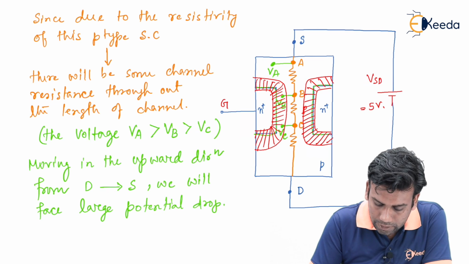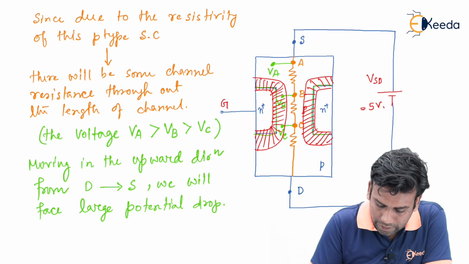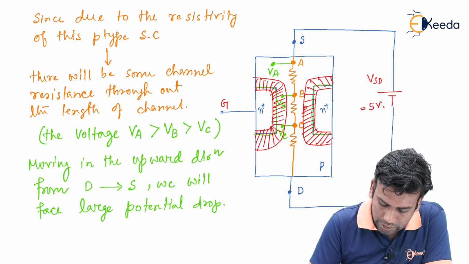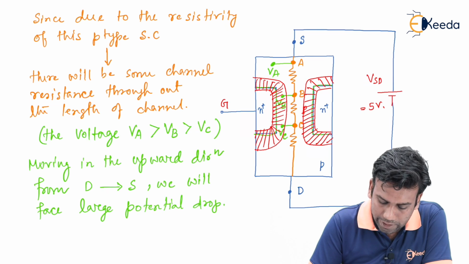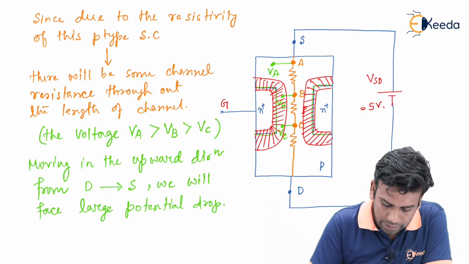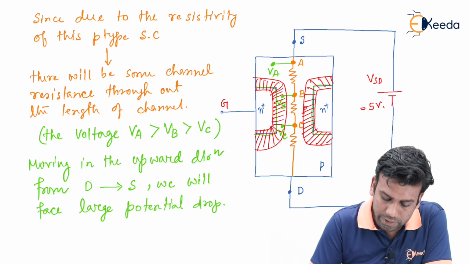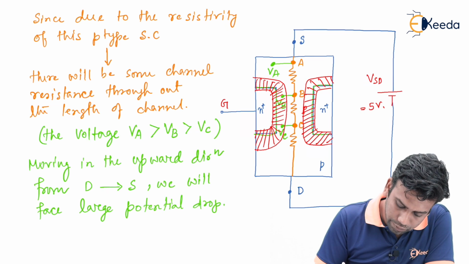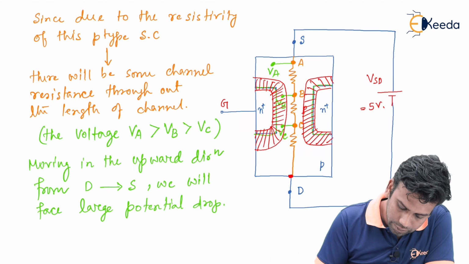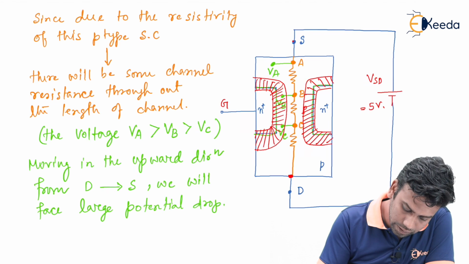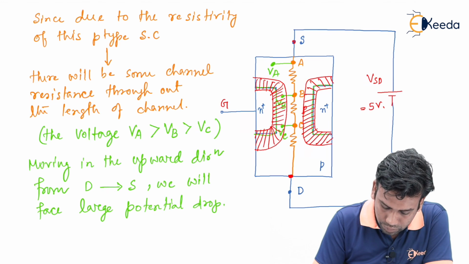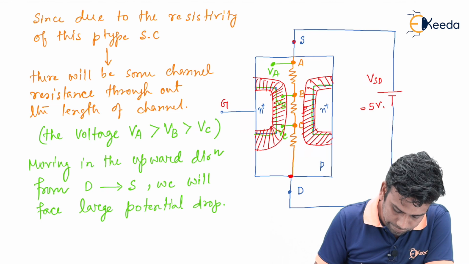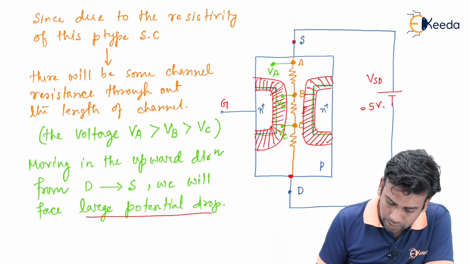We can see that the depletion is wider in the channel than in the N plus region, because the channel is lightly doped, but the N plus region is highly doped. Now, if we move from the drain towards the source in the upward direction, we know that we will face a large potential drop.